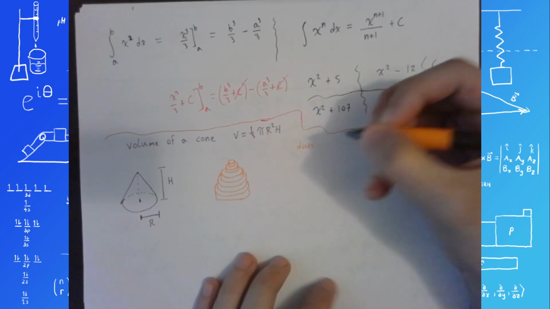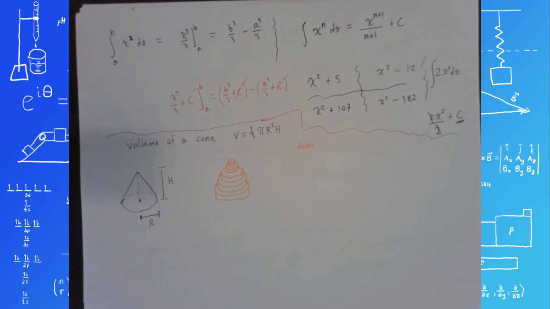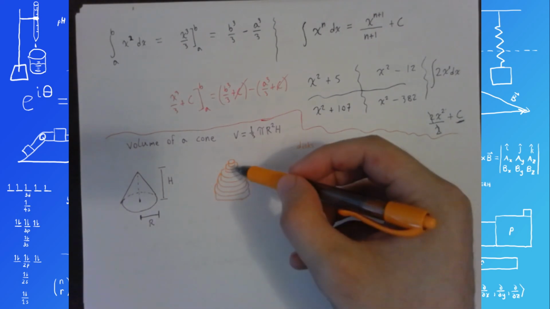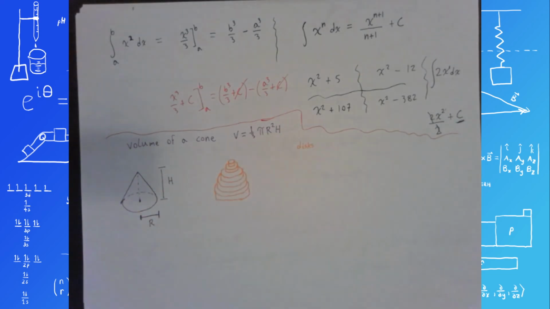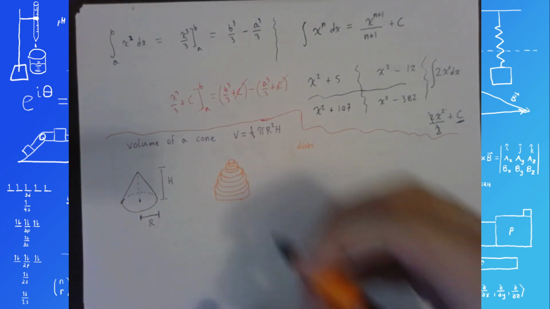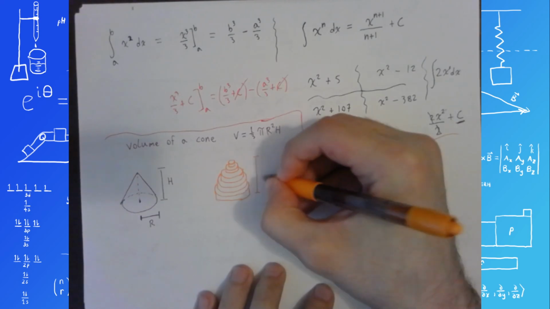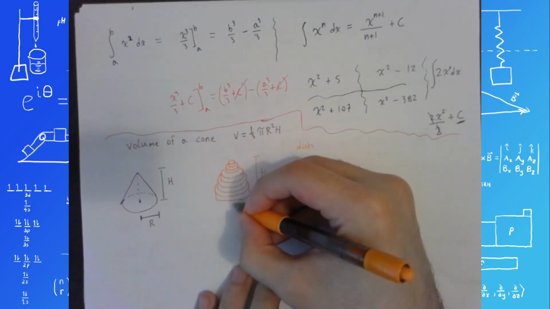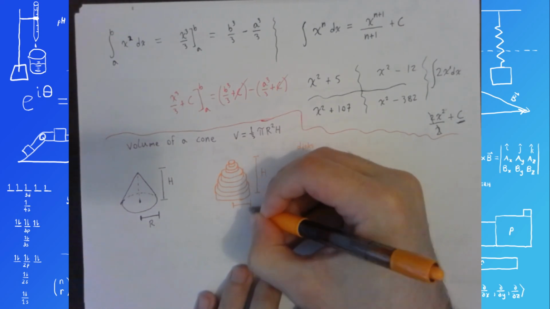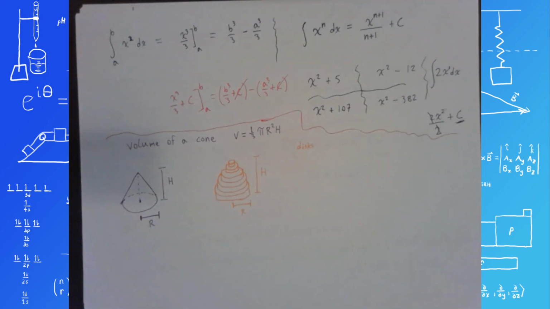If I were to take a stack of these disks and calculate the volume of each individual disk and add them up, they do approximately look like they would add up to the volume of this cone, especially if the combined height of the disks was equal to this capital H, and if the radius of at least the lowest disk is still capital R. This looks like it might give me a somewhat decent approximation of the volume of a cone if I added up the volume of these little disks.